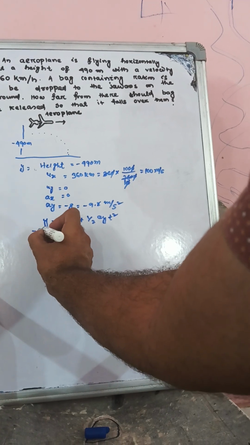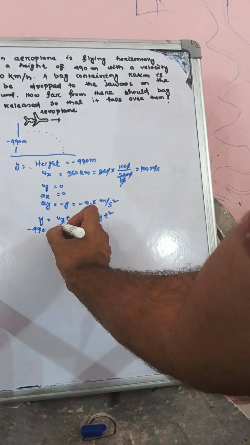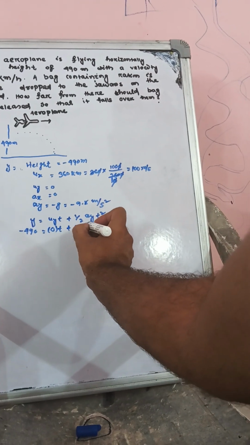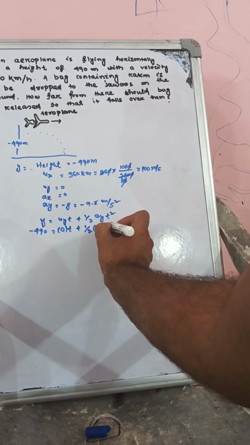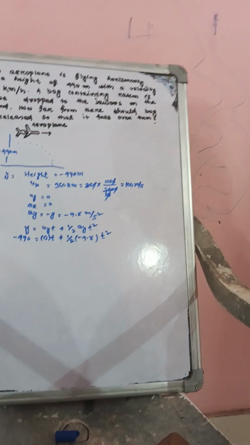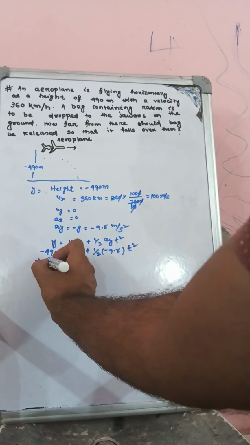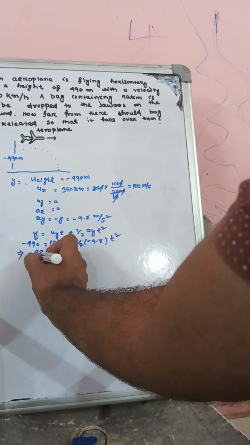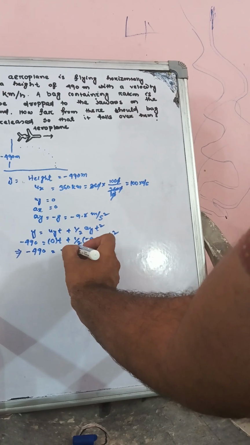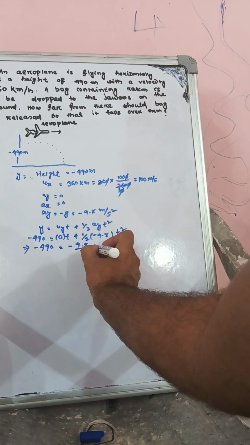Minus 490 meter is equal to uy, which is 0, 0 into t, plus half into minus 9.8 meter per second square t square. Clear? Then minus 490 meter is equal to minus 9.8 divided by 2 t square.